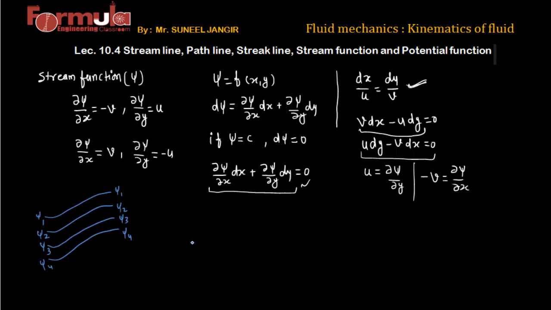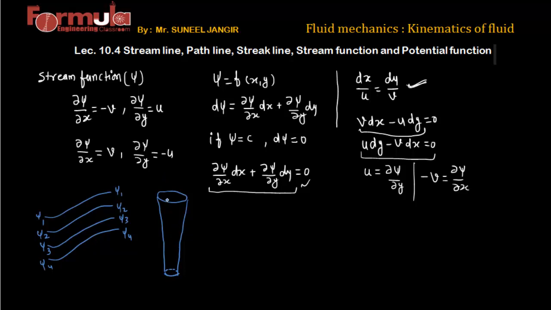Imagine there is some flow of water from a tap. When there is a flow of water from a tap, it looks like a tube. There's a tap over here and the flow goes in the downward direction, so it looks like this one.